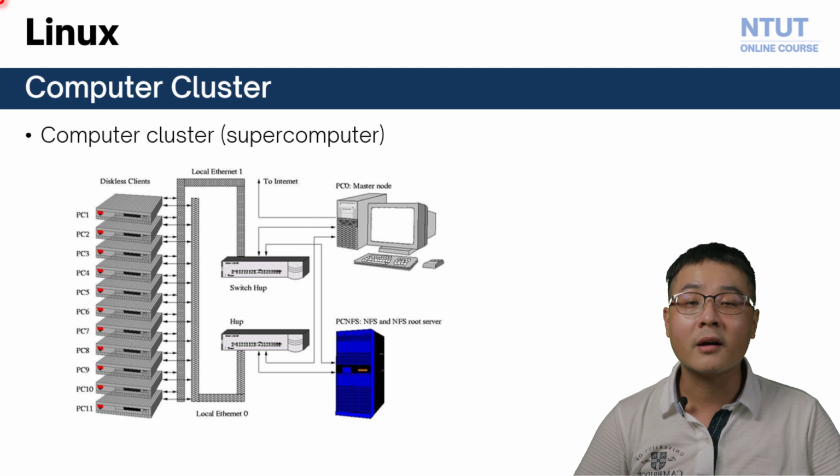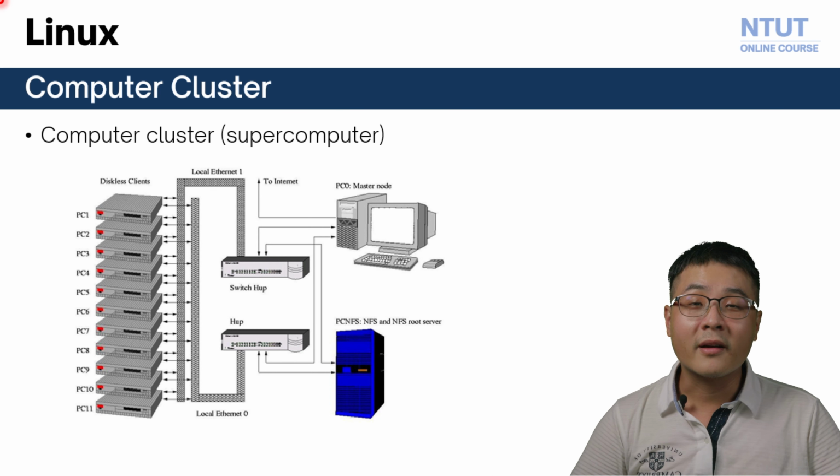So you will see a computer, and you will see a lot of computing nodes in a cabinet, and you will see an internet switch that makes some interconnection between the computing nodes and the computer, and you will see a storage for file sharing among the computing nodes and the server.